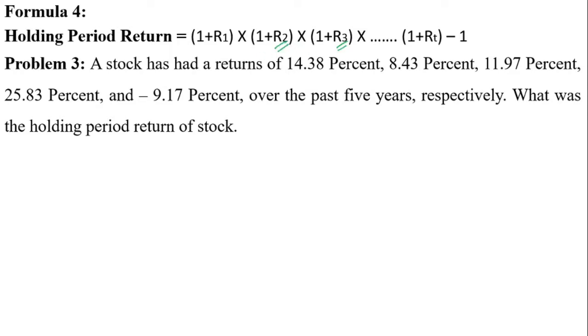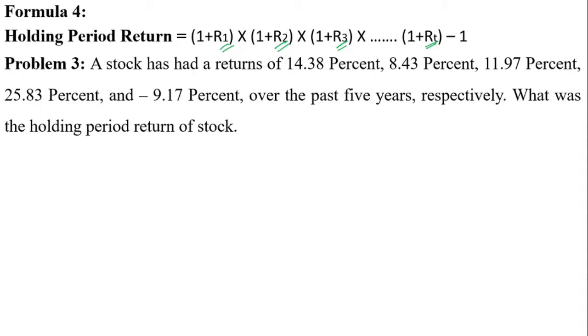And what is meant by RT? RT is the return for the time T, whether it is 5 years or 10 years. That is, the last year's return is indicated with RT, and finally minus 1. This formula is used for calculation of holding period return.